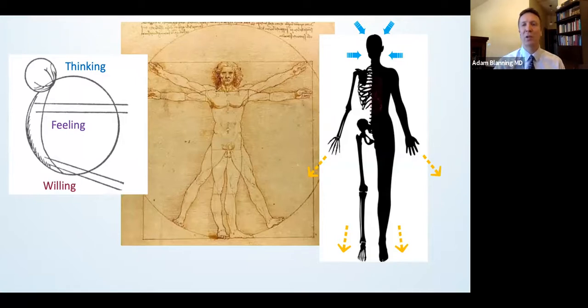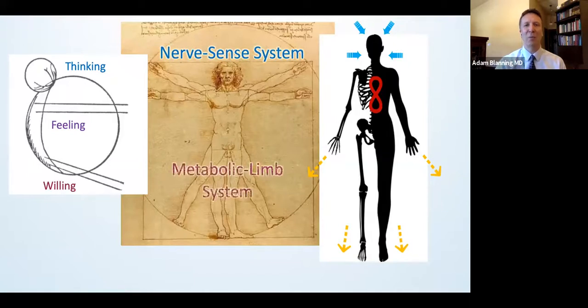And then in the middle, we have a kind of mediation, a meeting between these two. This is related to our feeling realm here in the middle. And so in anthroposophic medicine, there's recognition of a nerve sense system, of a metabolic limb system, and what is commonly termed the rhythmic system in the middle, this system of mediation.